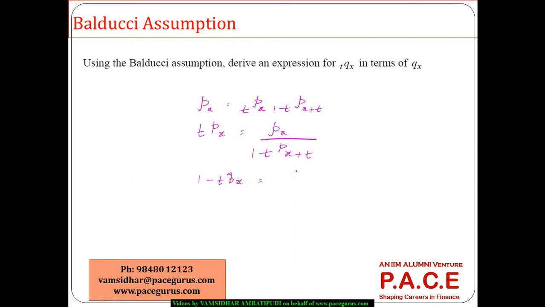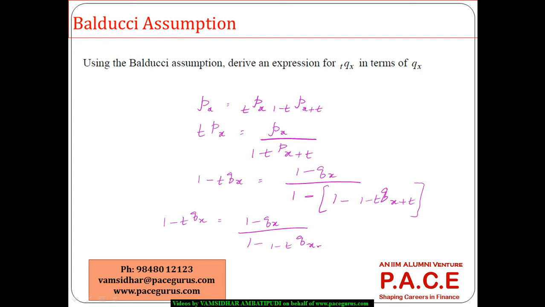This px also I'll write it as 1 minus qx divided by 1 minus tpx plus t, which I'll write as 1 minus of 1 minus t qx plus t. I can very well write it like this. Right? So which means 1 minus tqx is coming out as 1 minus qx divided by 1 minus of 1 minus tqx plus t.